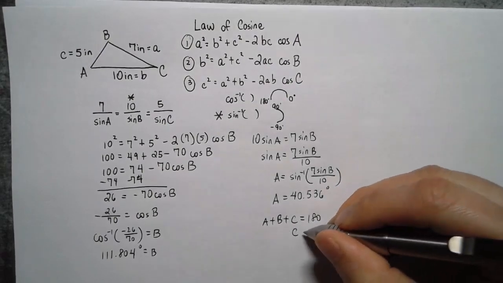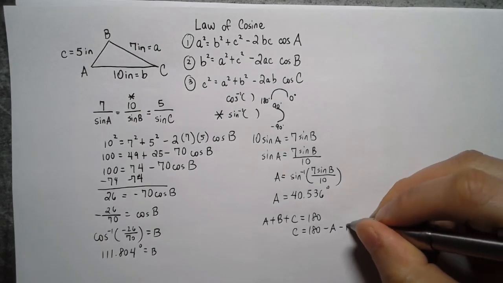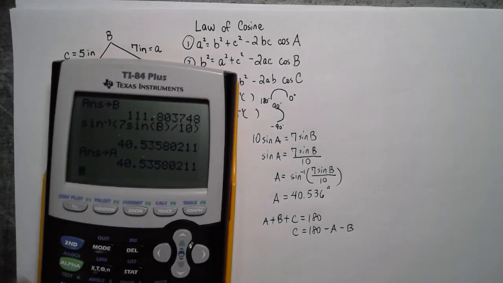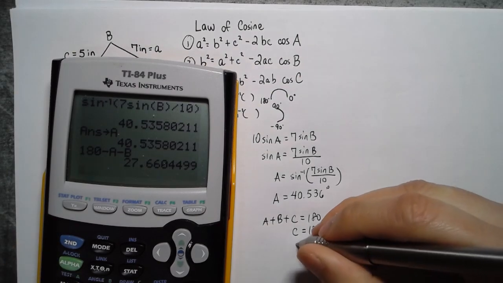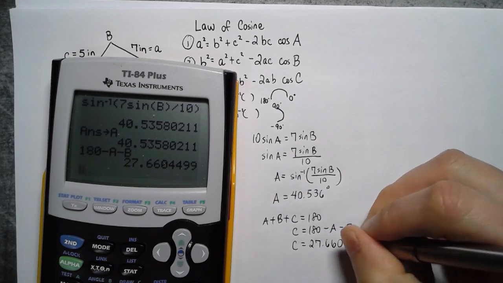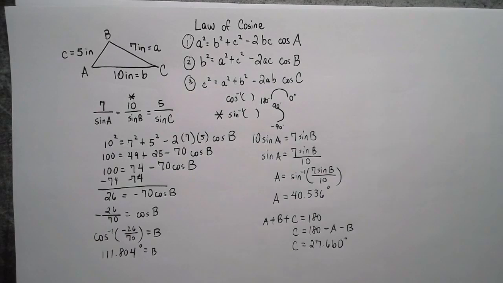And therefore, to find angle C, I just need to subtract angle A and angle B, which I stored in the calculator. So I'm just going to type in 180 minus angle A minus angle B. And angle C then is 27.660 degrees. And we have found every single missing angle of this triangle.